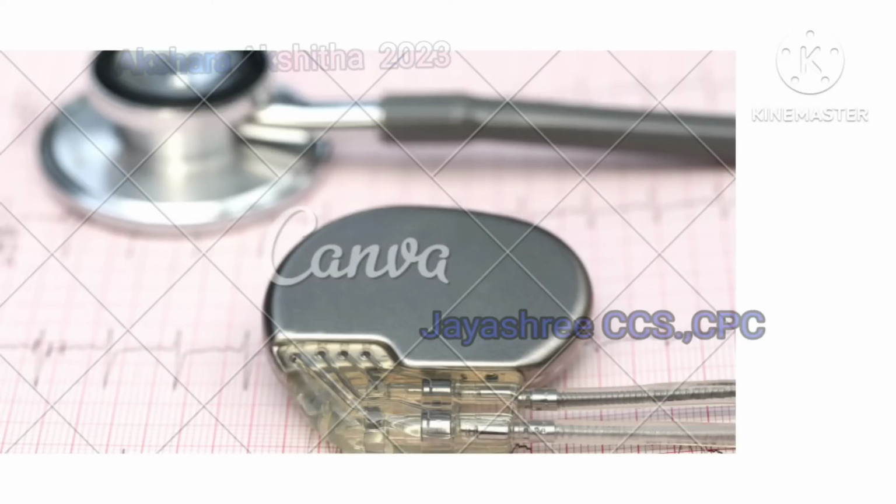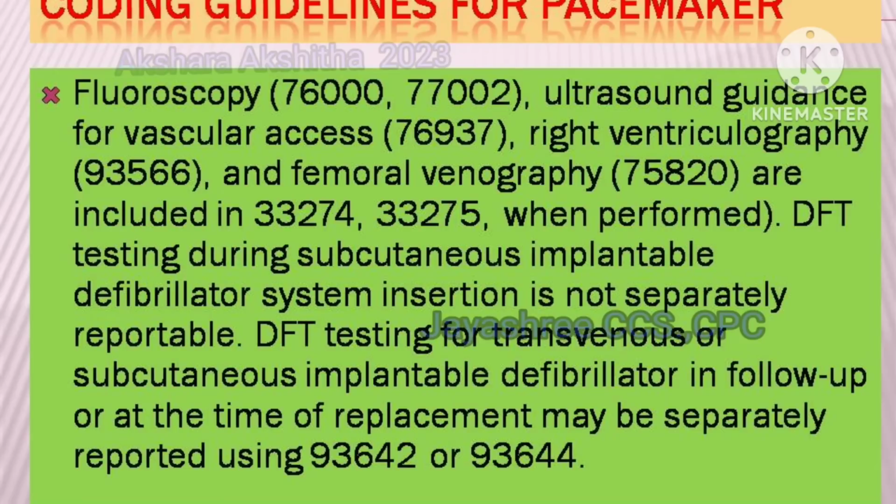So no need to mug up anything, any guidelines, don't mug up. Everything is in the book only, because this CPC exam is an open book exam, so we should not mug up anything. You may not remember anything, but you should know where that information is. That is the main important point.